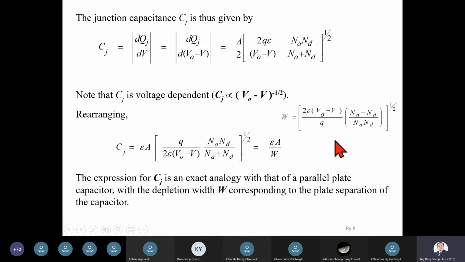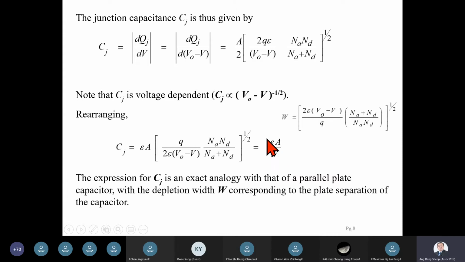After some manipulation, we can show that Cj can be expressed equivalently as epsilon A over W. To do that, you divide this Cj expression by W and multiply it by W in the numerator, and you will be able to cancel out some terms. You can try that algebraically by yourself.